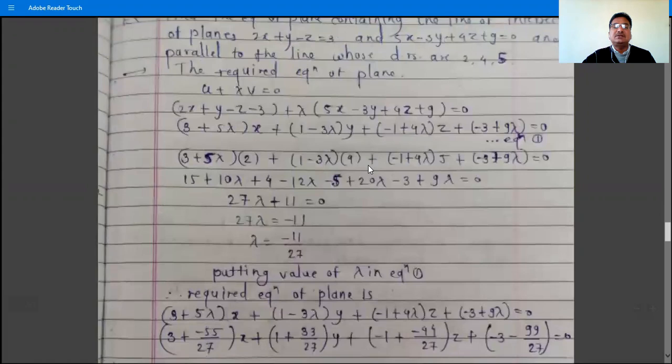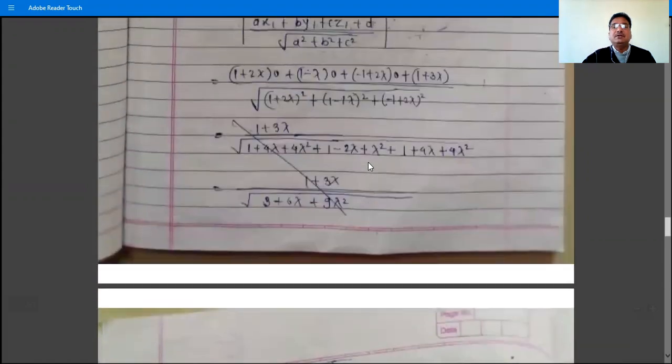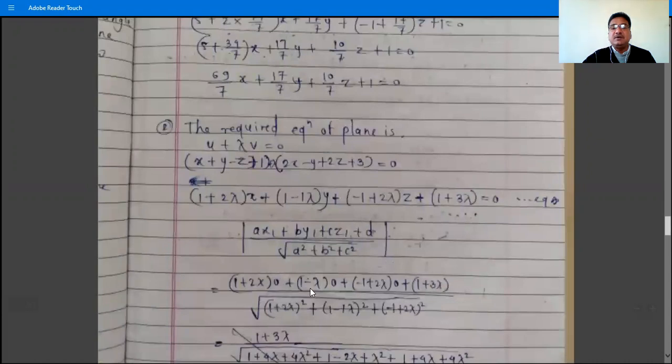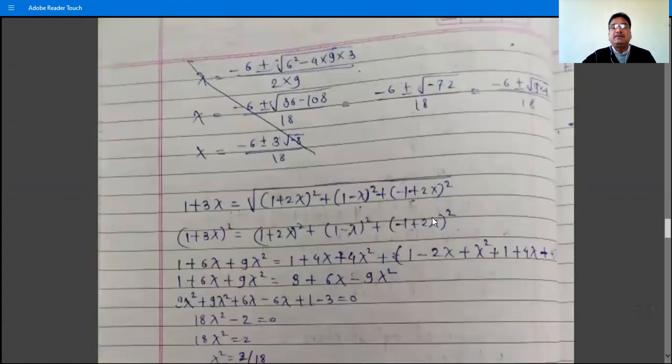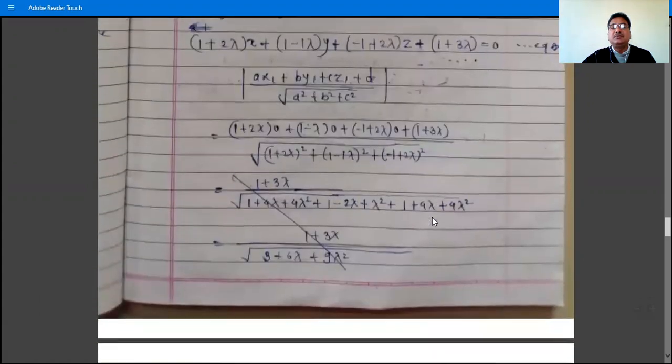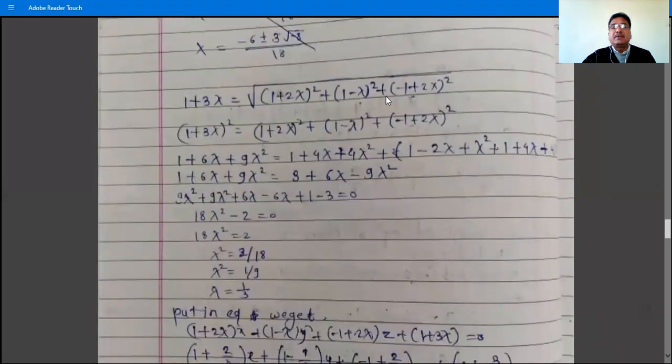So here this is the distance of origin from this plane, right? Here mod, don't write this equal sign, mod is equal to 1, and then simplify it. The numerator is 1 plus 3 lambda, and in the denominator find the square of all these brackets and simplify.